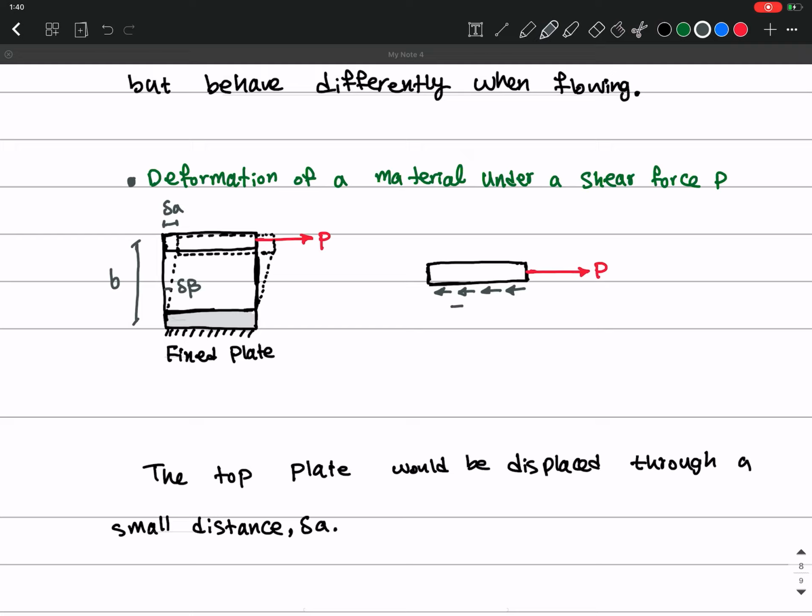And I'm going to show that shear stress as tau, and this is something you have already studied in your solid mechanics course. And then if you want to show it as a force, you have to multiply it by area, right? Because stress is force per area. So this is going to be the force here that is against that P force, the shear force, okay? And it balances that force so that the top plate stops moving further, okay?